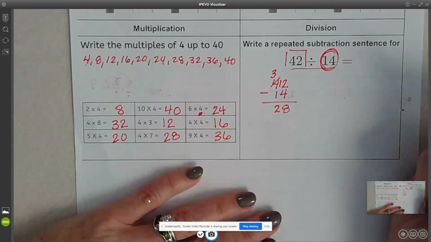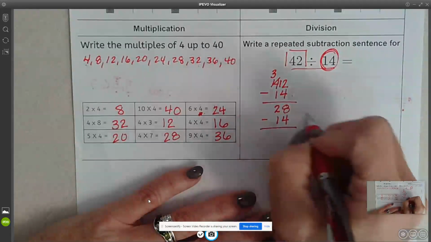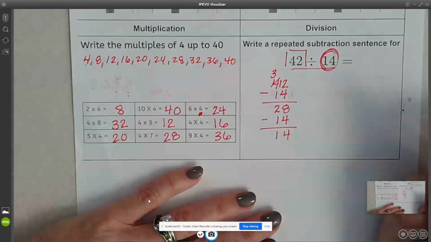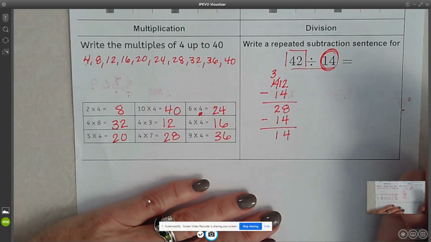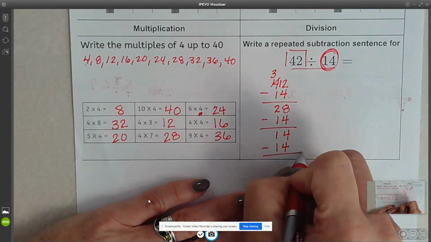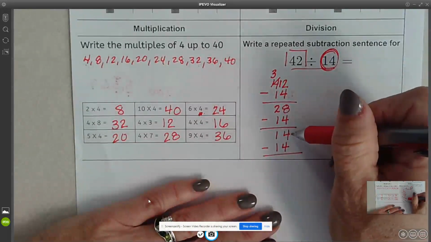Did I hit 0? Nope. So I'm going to take away 14 again. 8 minus 4 is 4. 2 minus 1 is 1. Did I hit 0? No. Going to take away 14 again. Now be real careful here, folks, because this 14 on top, that is just the difference to this problem.